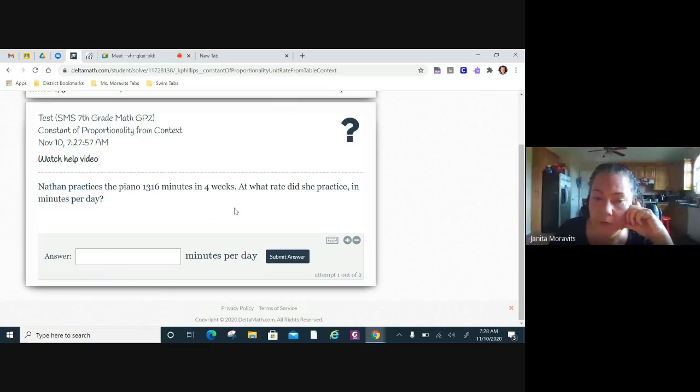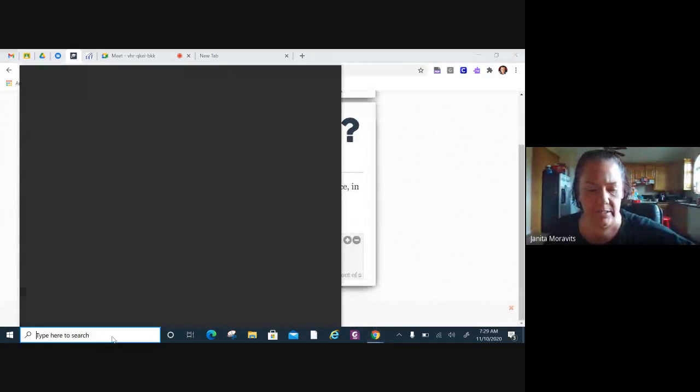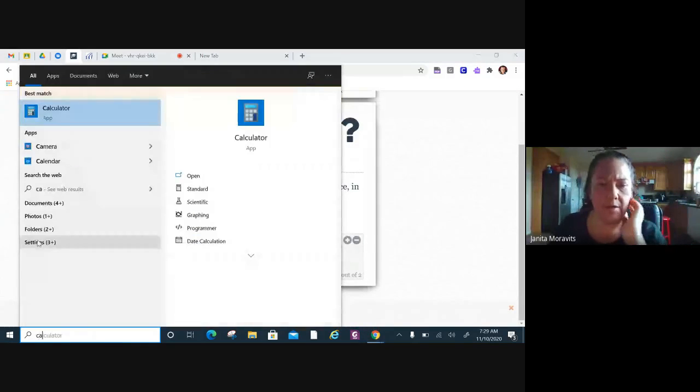And we want to know how much she practices per one day. So we're going to take the number of minutes that she practices, because 4 weeks is equal to 28 days, and we're going to divide this number by the number of days, which is 28. So let's get our handy dandy calculator. I'm going to use a different one this time because I don't know if maybe the calculator last time messed us up.